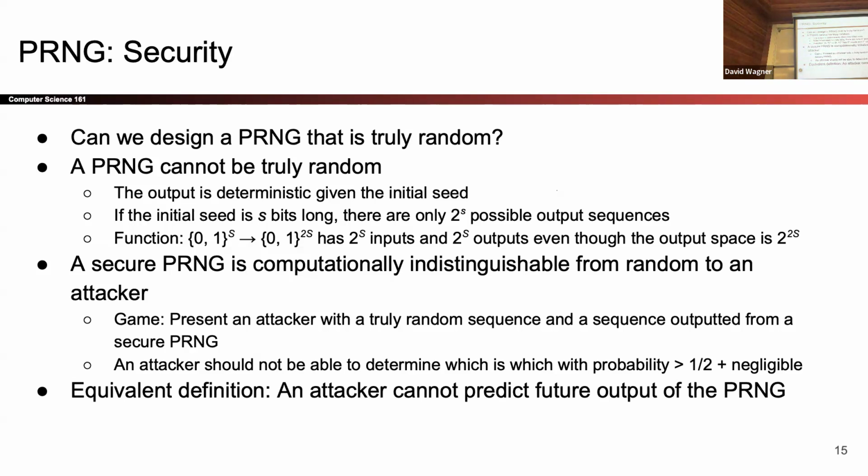Well, obviously they can guess right with 50% chance, but if they can do better than 50%, like 51% chance right at predicting an output bit given all the previous output bits, we consider this to be insecure. That turns out to be equivalent. Every PRNG that's secure under the game definition is secure under the predicts-the-next-bit definition, and vice versa. So another way to think about PRNGs is no attacker can predict the next bit unless they have exponential compute power.